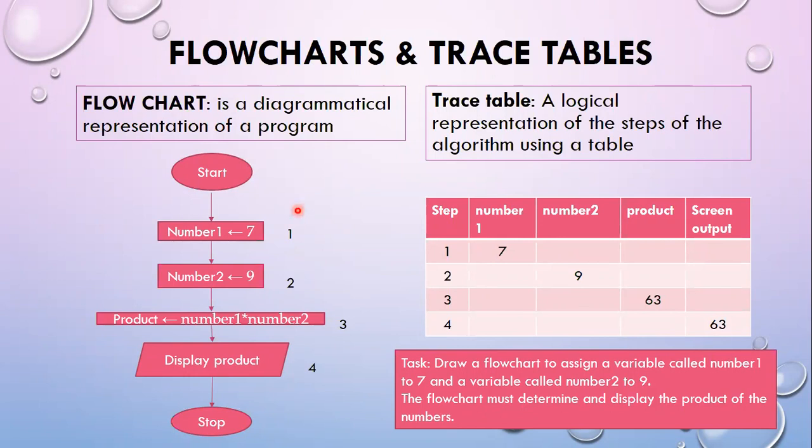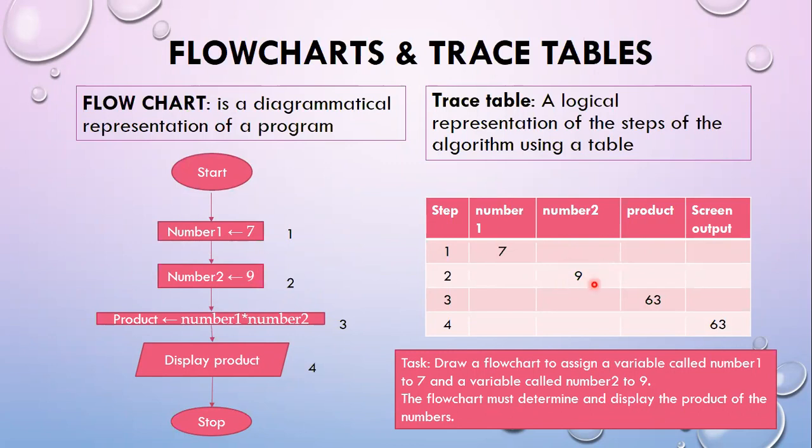So let's start here. Remember, your starting of your flowchart is an oval, and the stop is also an oval. So we assign number 1 is going to be 7. That is step 1. Then number 2, I want it to be assigned to 9. There we go.